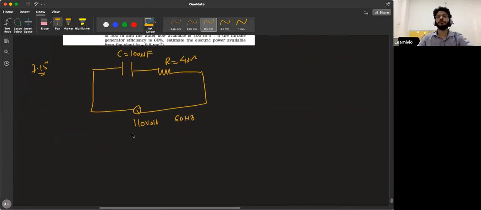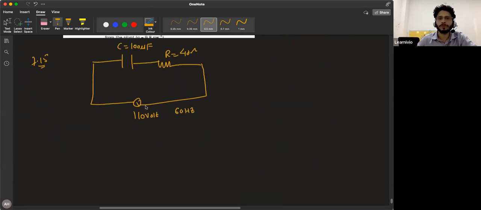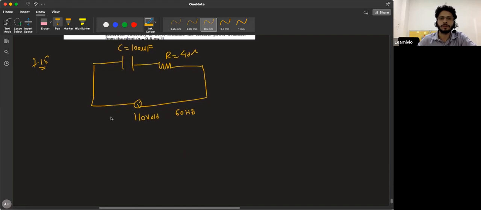So this is the circuit. So what we can do is we have to do various things. First of all, you need current. So which value is this 110 volt? This is E peak or E RMS? Sir, ERMS. Nothing is mentioned, that means RMS value. So just like the previous question, I naught will be E naught by Z. Next, you can write your E naught in terms of ERMS.